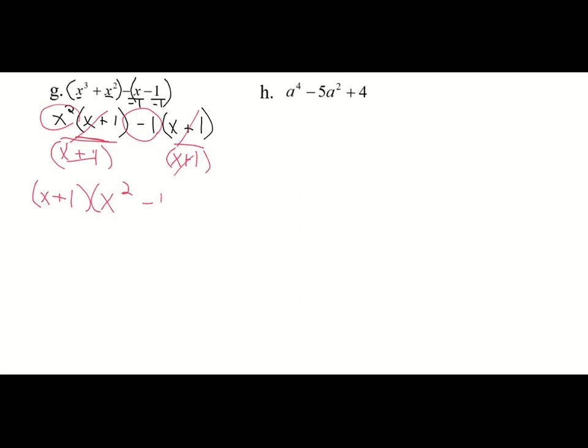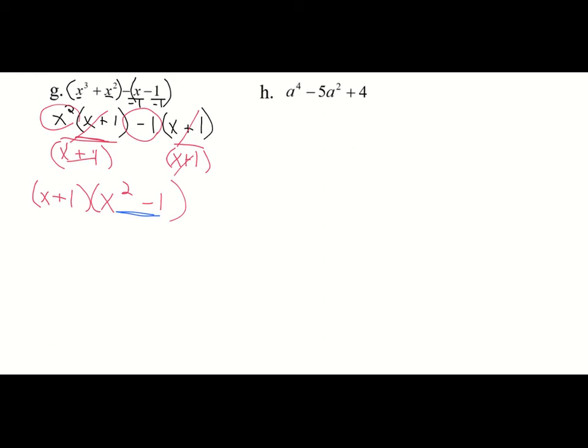minus 1. And when I look at this, I have x plus 1 times x squared minus 1. X plus 1, factored prime numbers, I can't do anything with it. But here, x squared minus 1, both perfect squares and subtraction. I can factor it again.